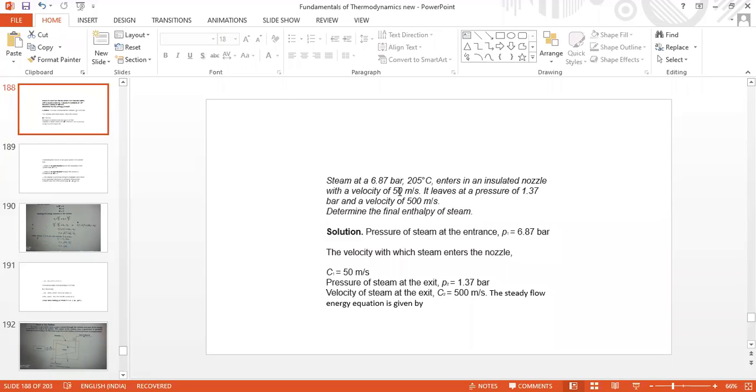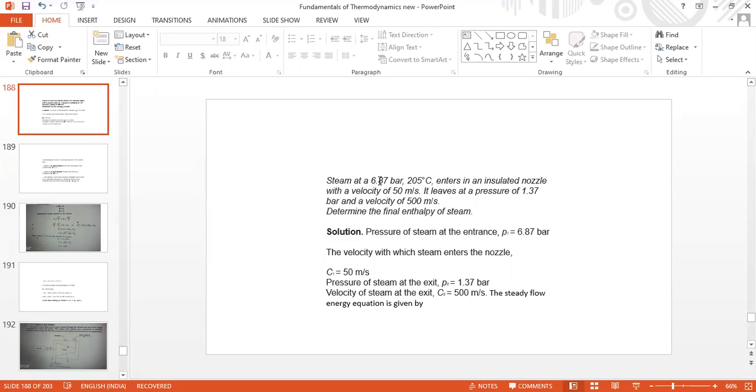So energy is conserved as per the law of conservation of energy. How has this increase in velocity occurred? This increase in velocity has occurred at the expense of a decrease in pressure from 6.87 bar to 1.37 bar.